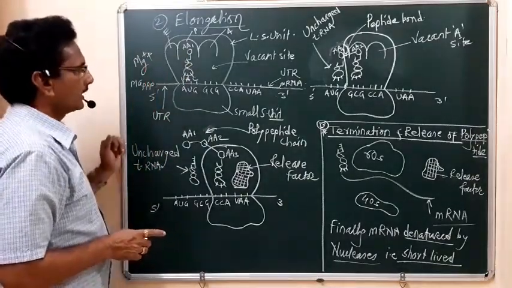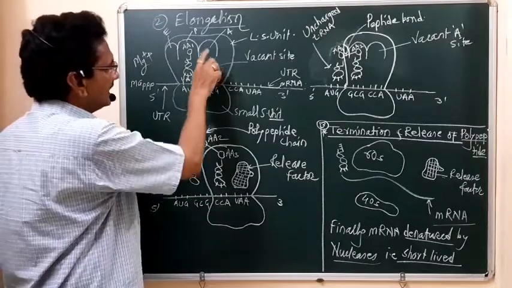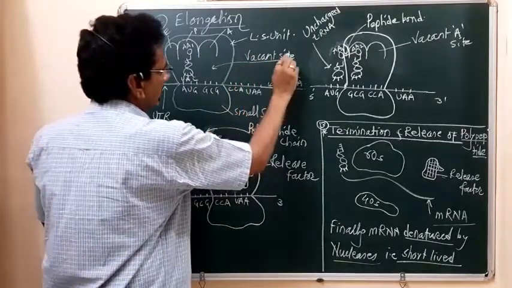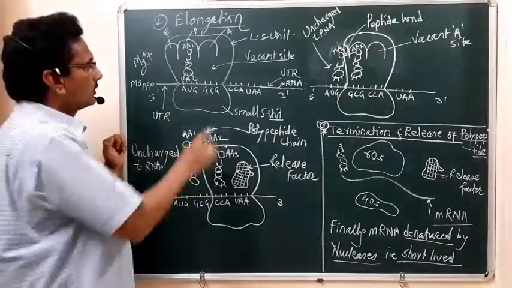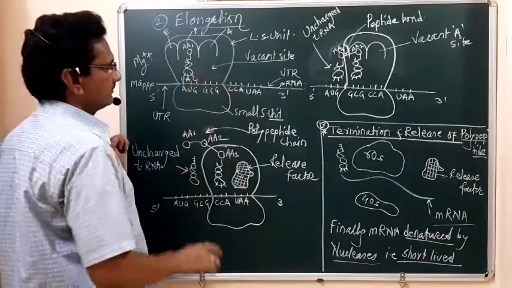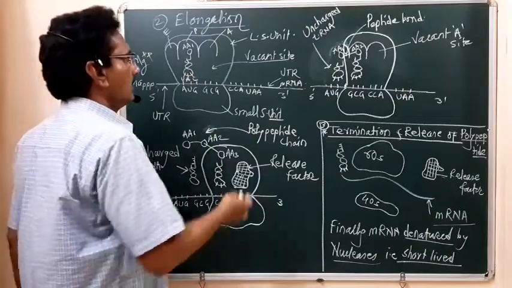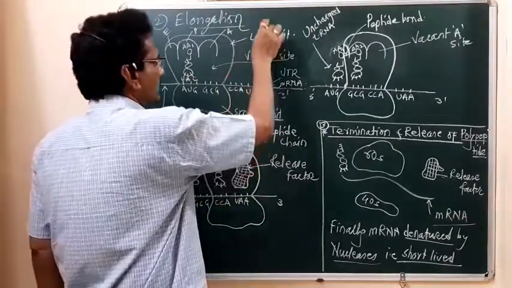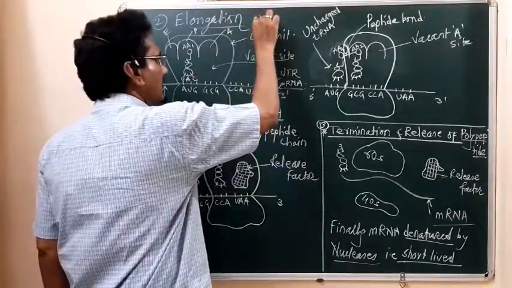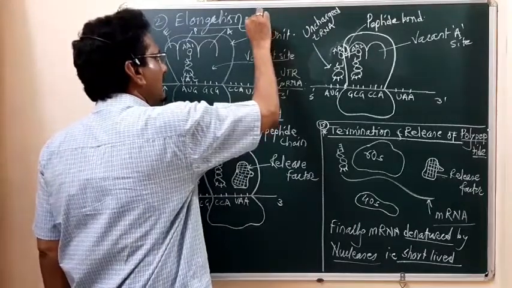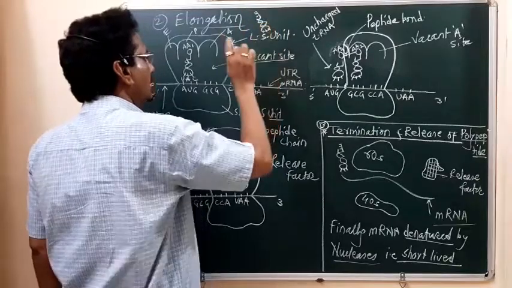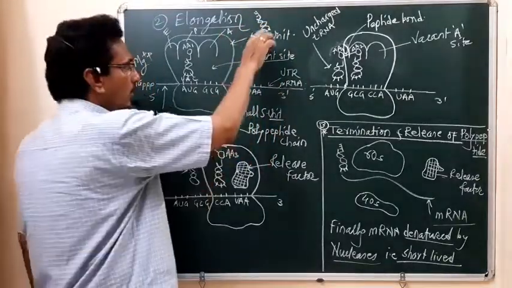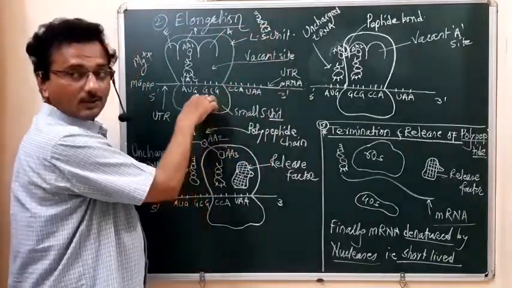Okay. Then here you observe that the A site is a vacant site. Then to that vacant site comes another aminoacyl tRNA complex, which carries an amino acid and has an anticodon complementary to the second codon of mRNA.